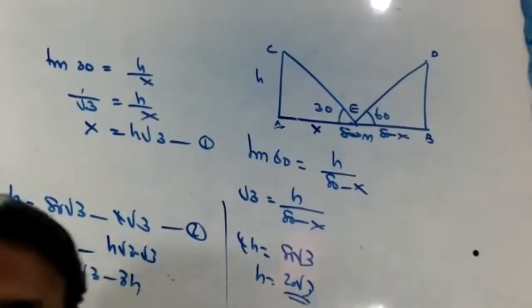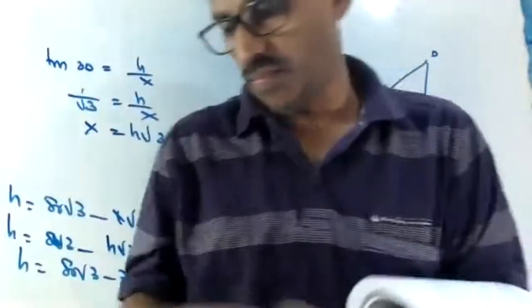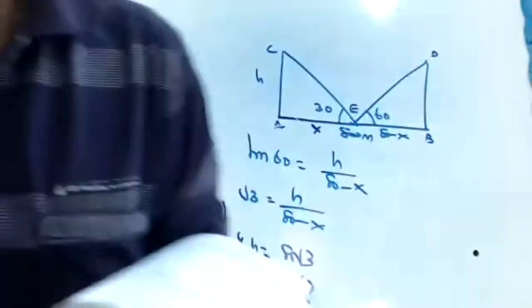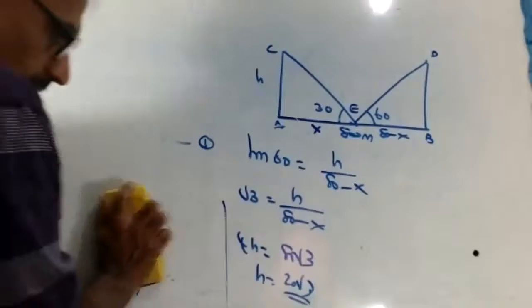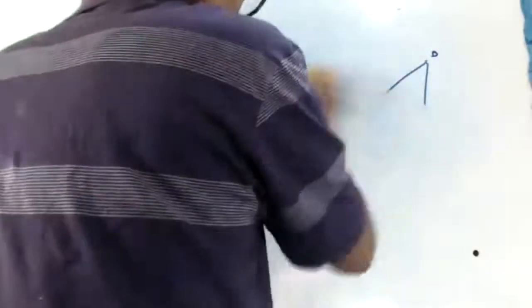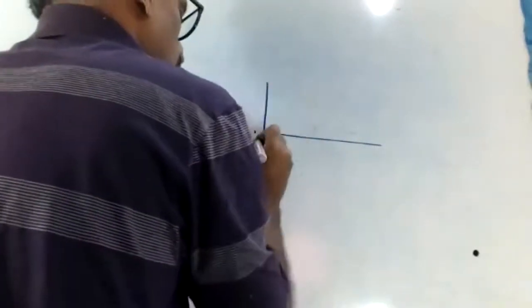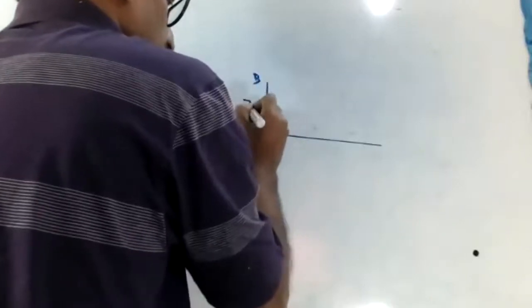Okay, the figure, look here, those who are not getting it, listen here. From the top of a 7-meter building, look, this is the ground. The building here, A, is 7 meters. Here is the cable tower.